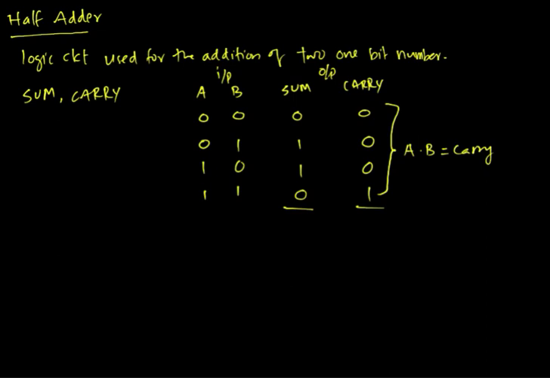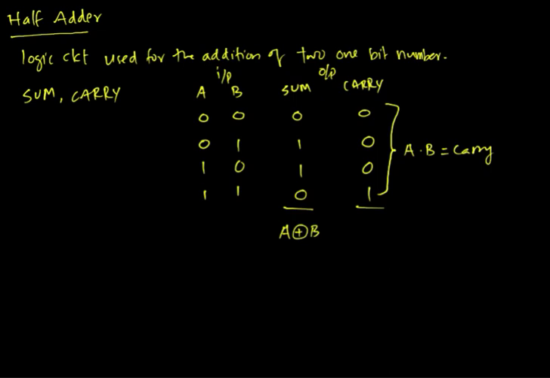Now if you consider the truth table for the sum output of a half adder, you can see that the output sum is high only when either of the inputs is high. If both the inputs are high, the output sum is 0. That means it resembles exactly the exclusive OR gate, A XOR B.